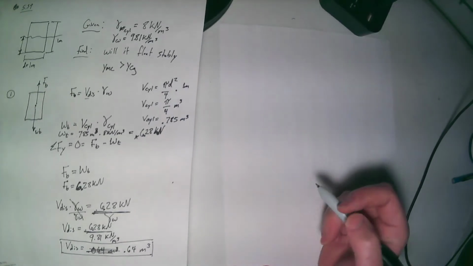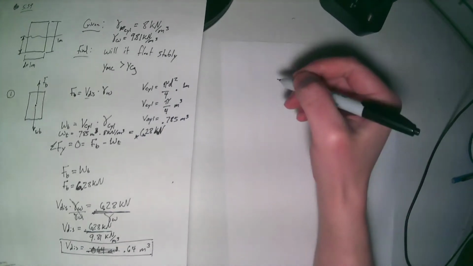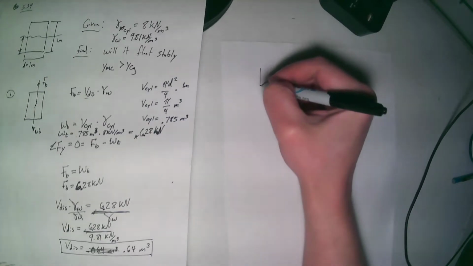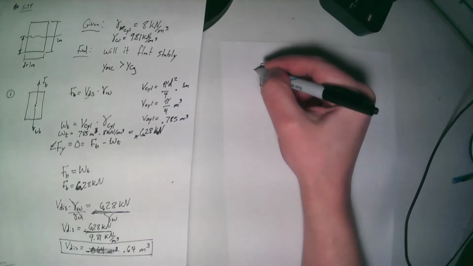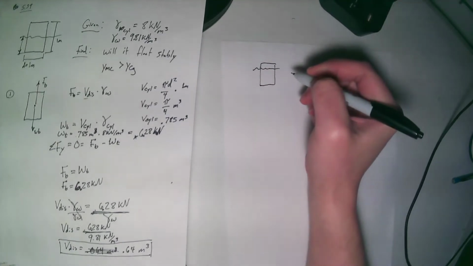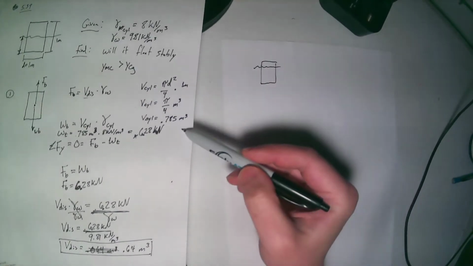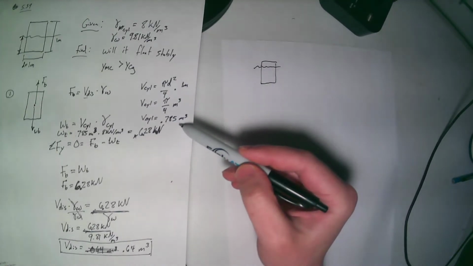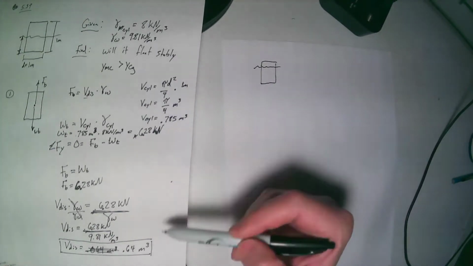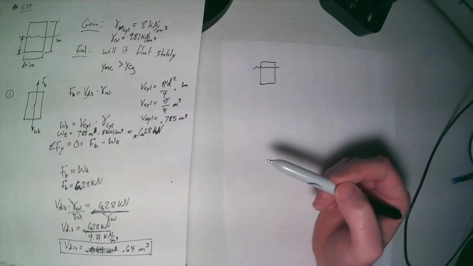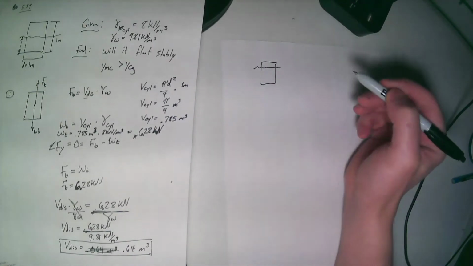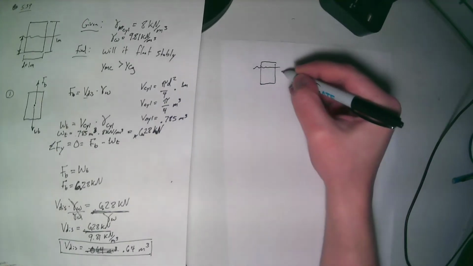Alright, so how deep are we in the water? Looks like it's almost fully in the water, because we have 0.785 meters cubed for the total cylinder, 0.64 meters cubed for whatever's displaced. Alright, so how are we going to get that number?